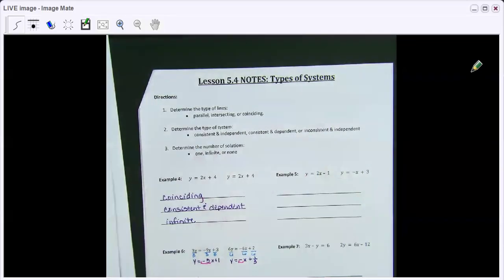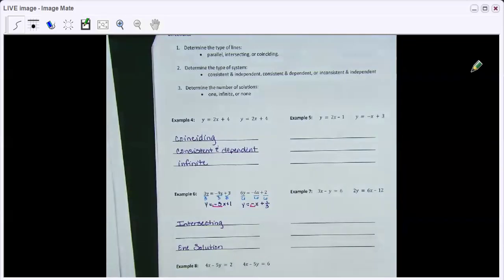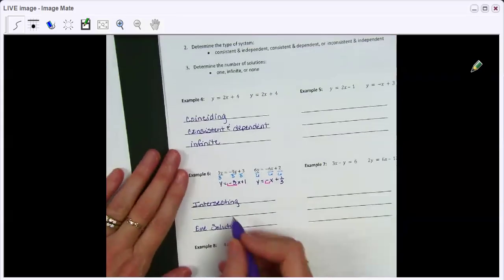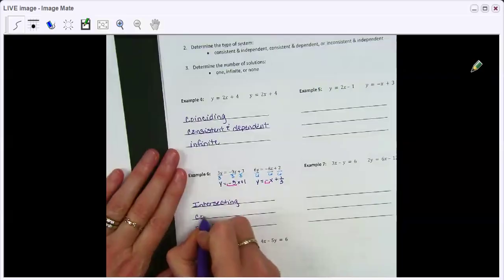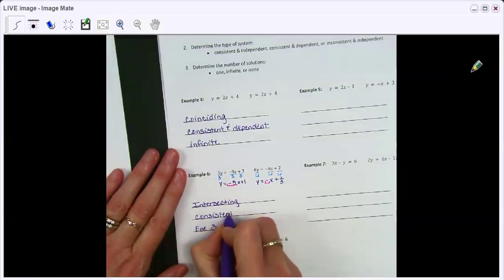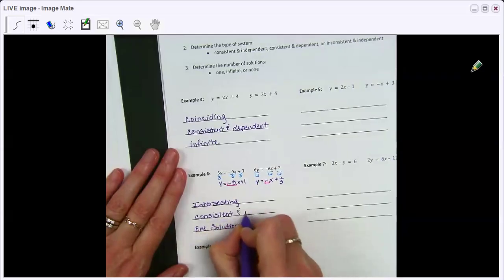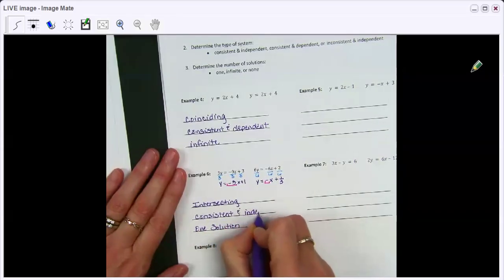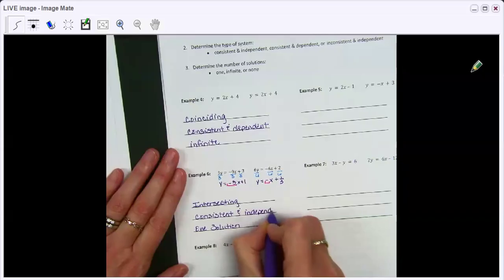Are they inconsistent or consistent? They're consistent. So this would be consistent and independent. Okay.